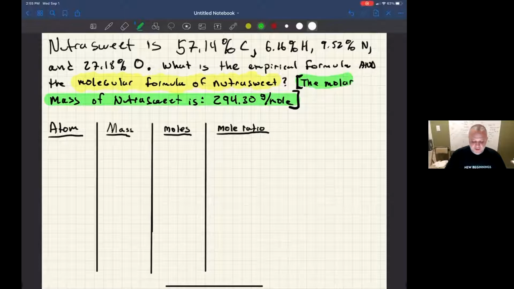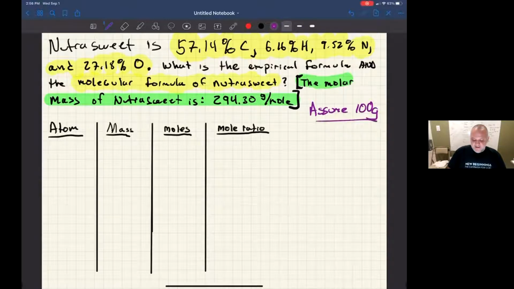Now, in this case, we are given mass percent compositions and not individual masses. And so what I'm going to do with these mass percent compositions is assume 100 grams. And in that assumption, it makes determining masses very straightforward.